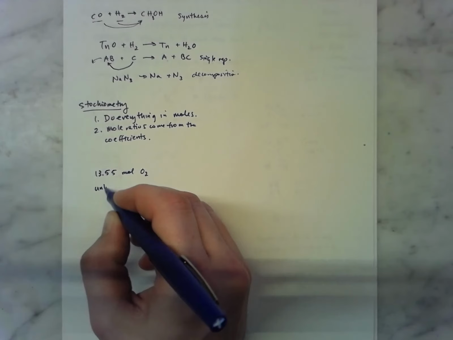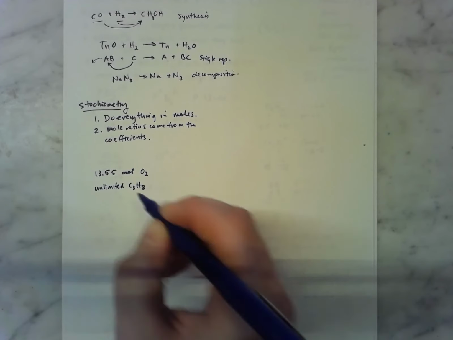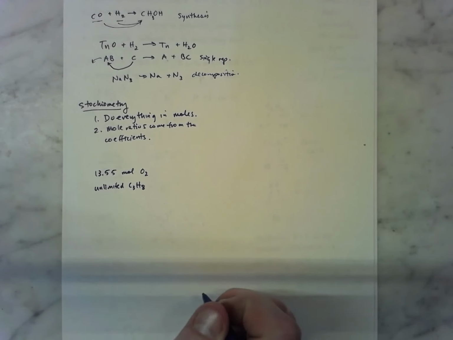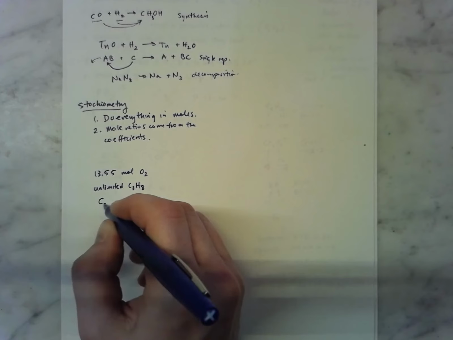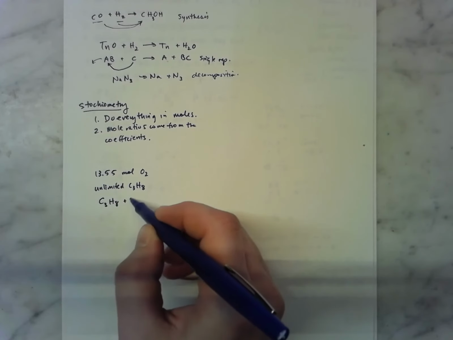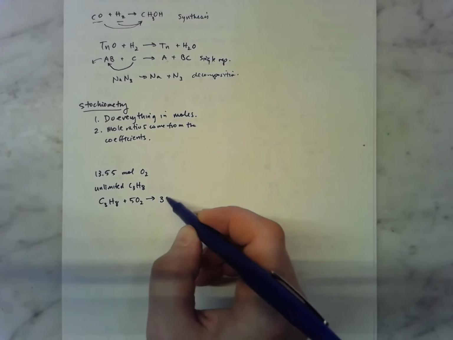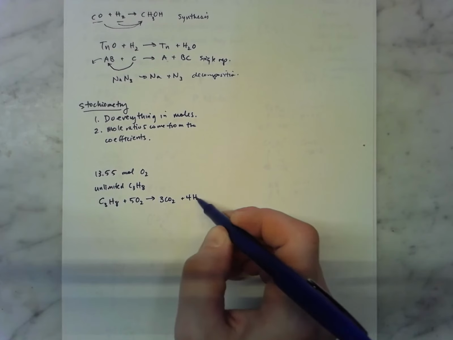We have unlimited C3H8. We know that the equation is this, and I'm pulling this from page 186: C3H8 plus 5O2 goes to 3 CO2 and 4 H2O.